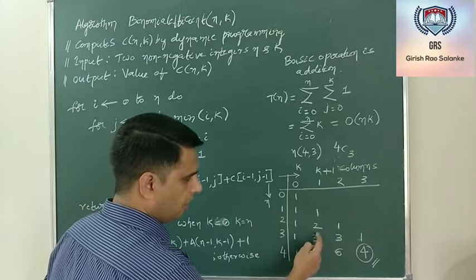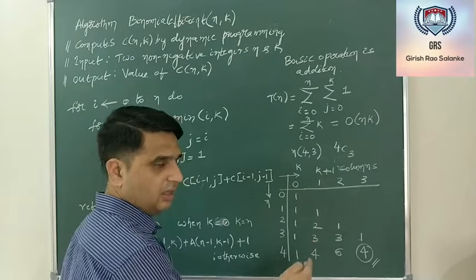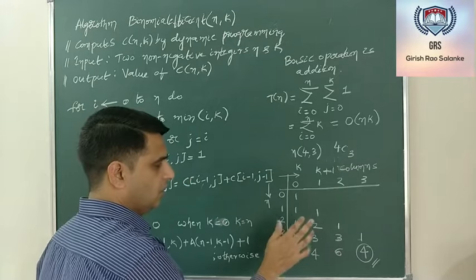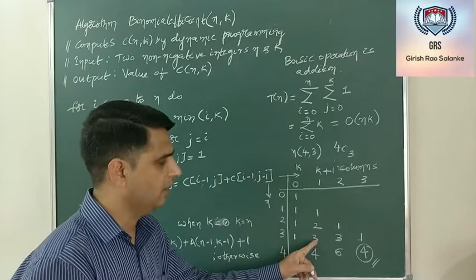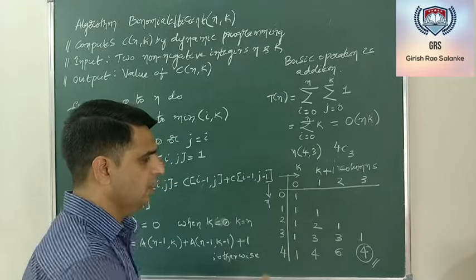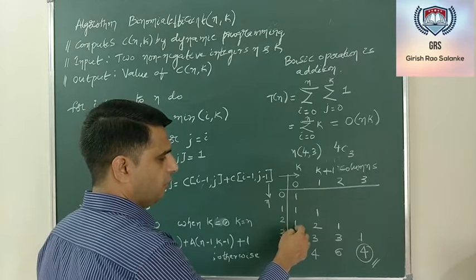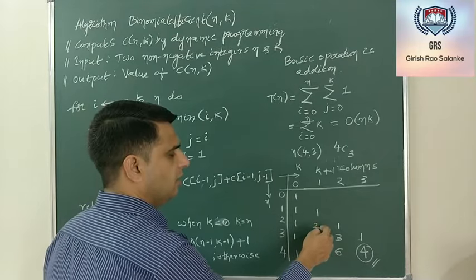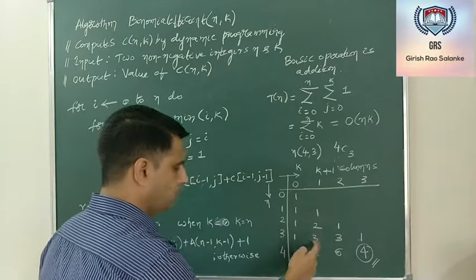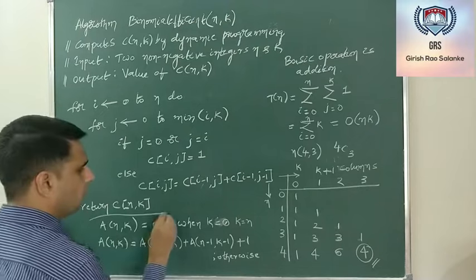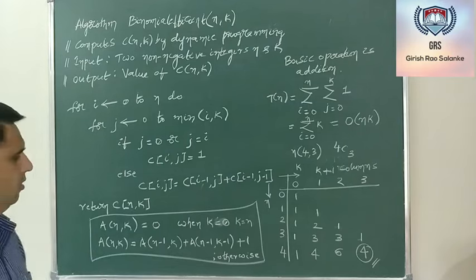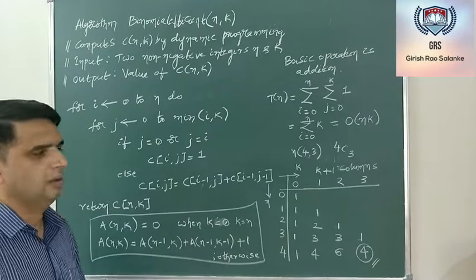Don't get confused here, this is not the value. The total number of additions to find this particular value is the total number of additions used to calculate this, as well as the total number used to calculate this, plus 1. Why 1? In order to add these two, I do one extra addition. So, this is the recurrence relation with the base case.